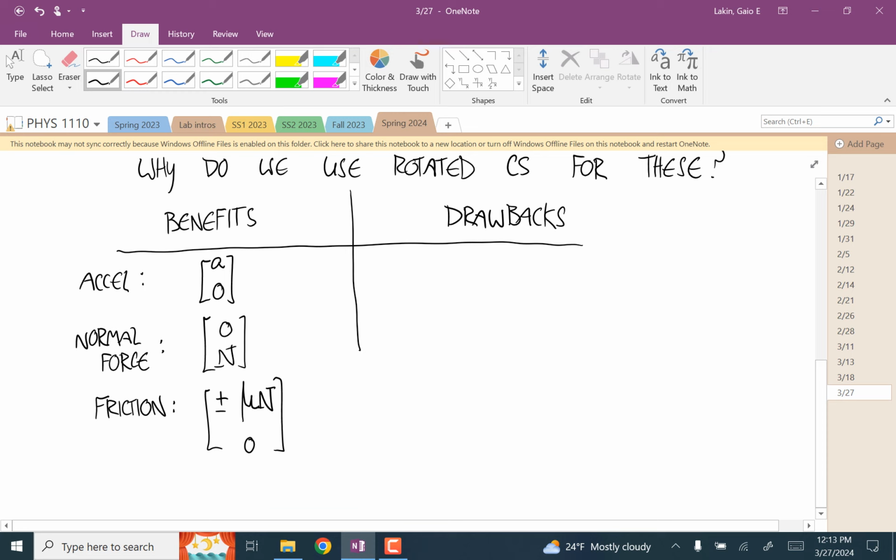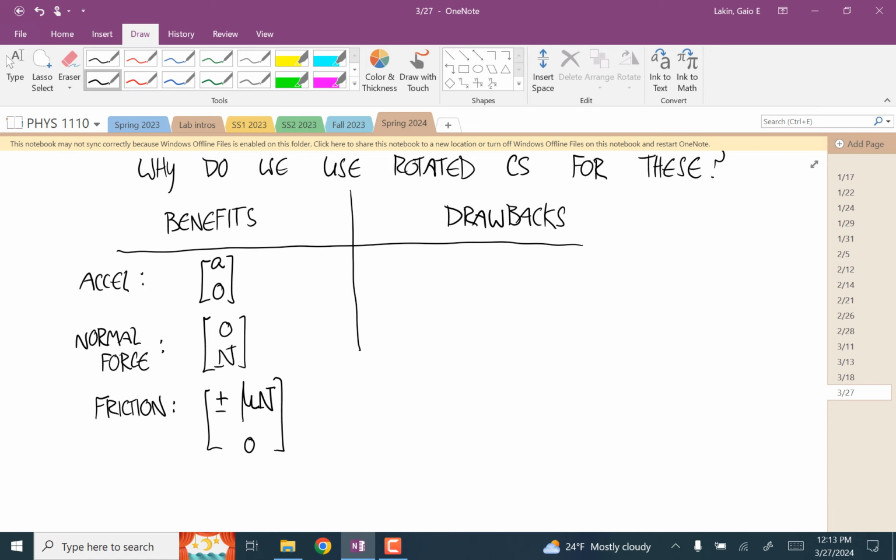So all three of these things, if we used a non-rotated coordinate system, a regular coordinate system, we'd have cosines and sines in here for all of these. It's not like it's impossible, but it makes the math a lot more tedious for solving for the variables. We have nice simple forms because of that rotated coordinate system.